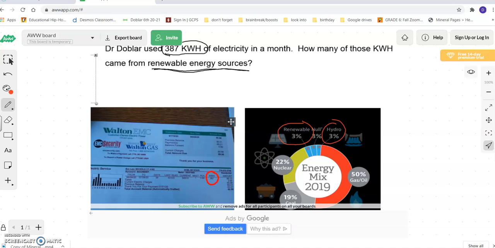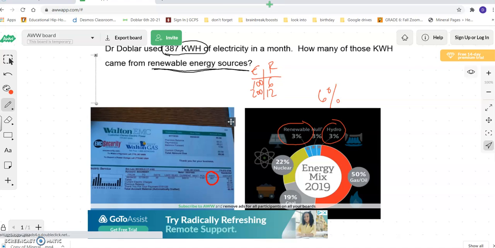So it looks like in all, 6% of my electricity comes from renewable energy sources. That is not much. 6 out of every 100 kilowatt hours. So if I used 100, 6 would be renewable. If I used 200, 12 would be renewable. Pretty pitiful, frankly. So what I really want to know is, if I use this much energy, how much is renewable?